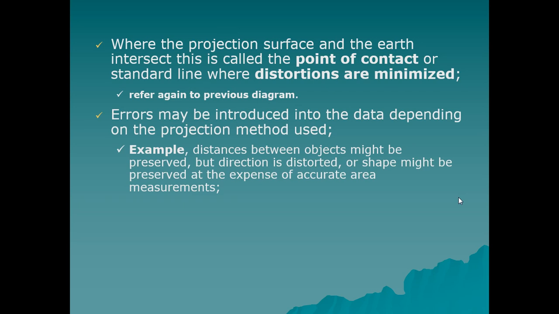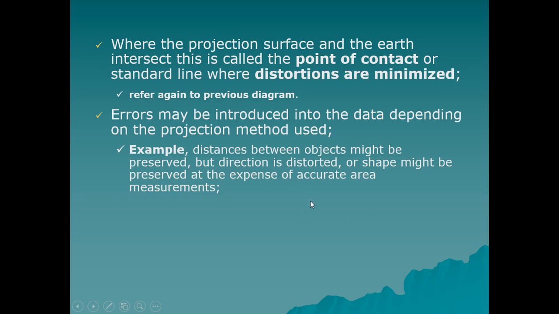For example, distances between objects may be preserved, but the direction of features from one another, or the shape of the features, may be distorted. Or, I beg your pardon, accuracy of one characteristic might be preserved at the expense of something else, right?